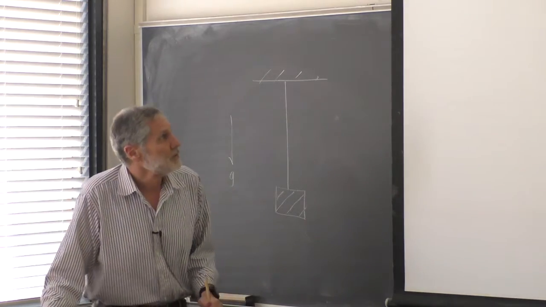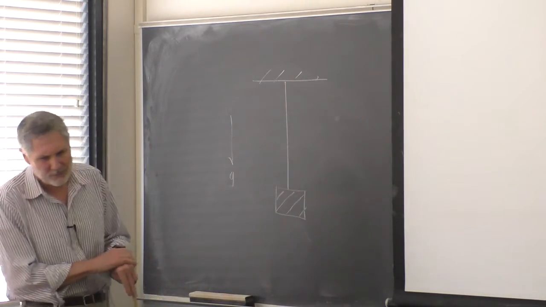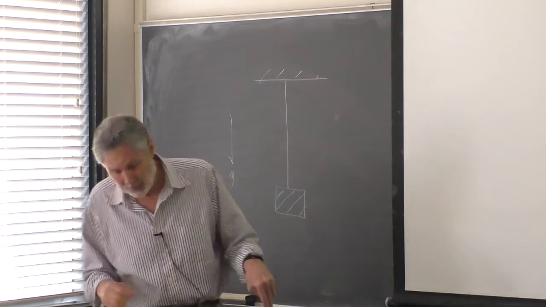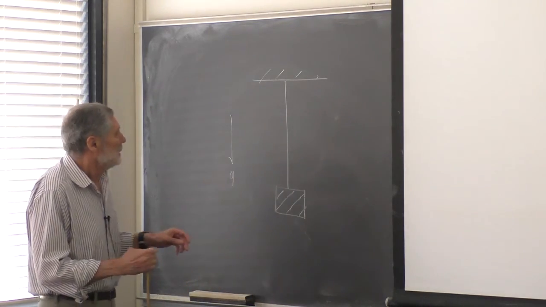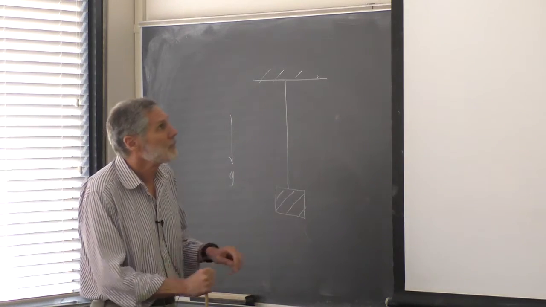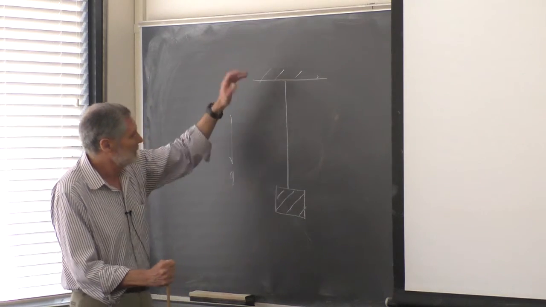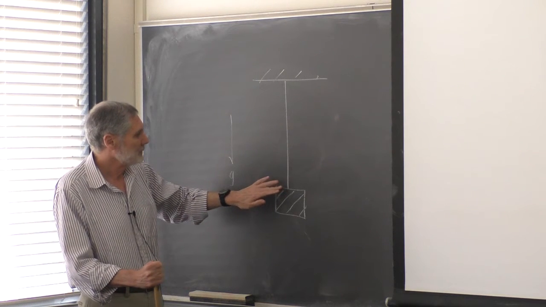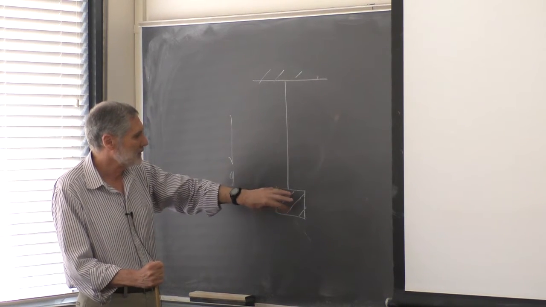So there are different ways that this can be solved. We want to find that frequency, I guess. Yeah. Okay. So one way to look at it is that this wire has a small mass compared to the mass here.